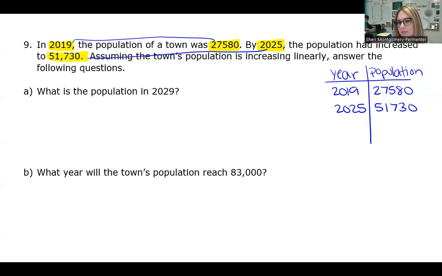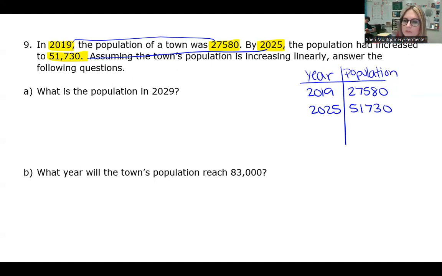What I have to do now is I have to figure out the change in years and the change in people. So from 2019 to 2025, how many years is that? 6. So I'm adding 6 years. And in 6 years, how much is the population increasing?